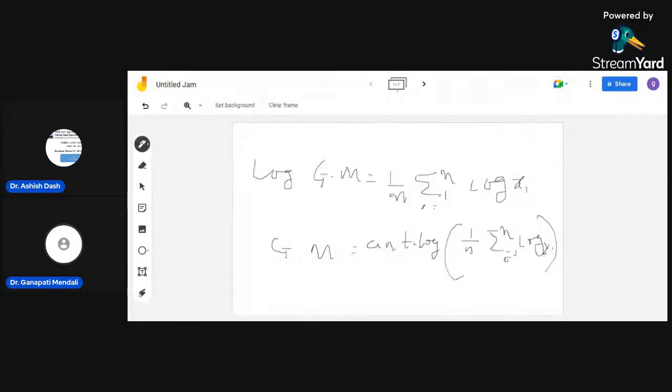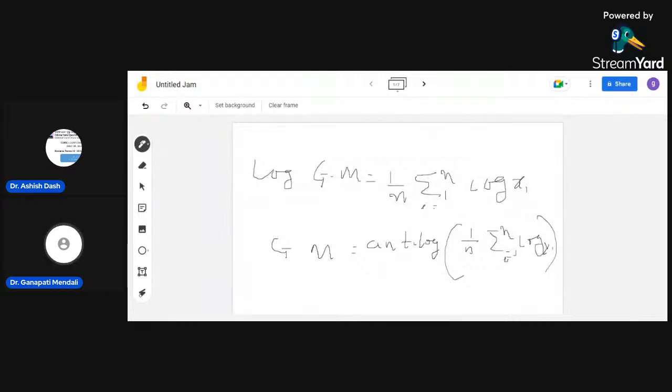Here the geometric mean is the best average. If we use the arithmetic mean, there are certain loopholes, which we will discuss in detail. So where we want to know the average percentage increase in sales, production, GDP growth or population growth, we can use the geometric mean.